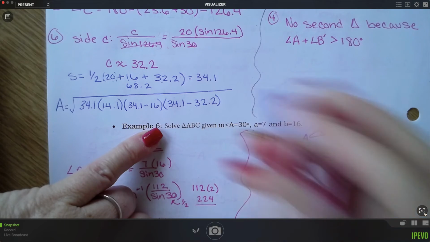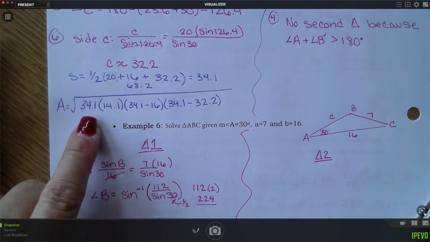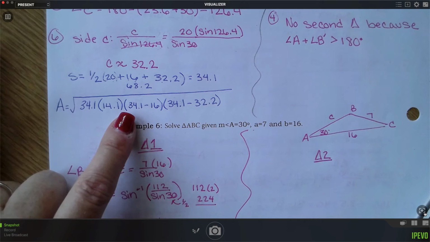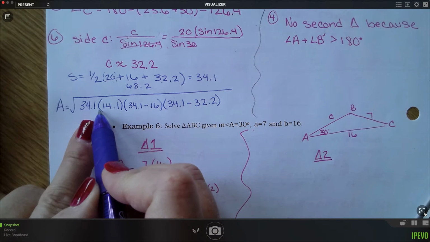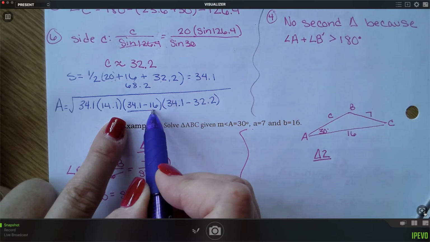And I put in my calculator all one time, right? If you're doing that, don't forget your parentheses. You can't just put the times. I just put times here in my calculator, but I have to put this in parentheses, correct? And this.